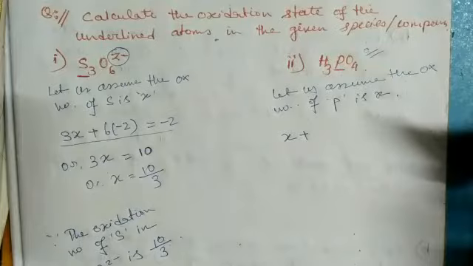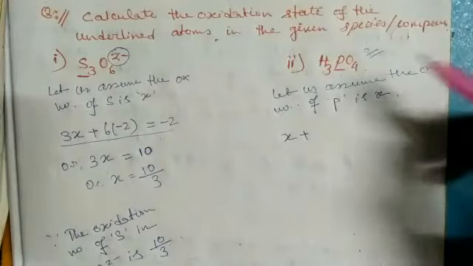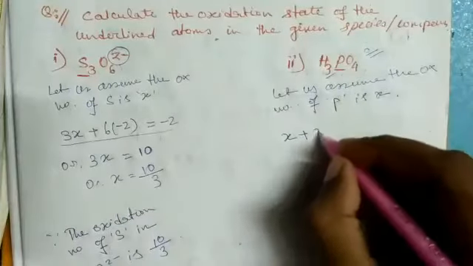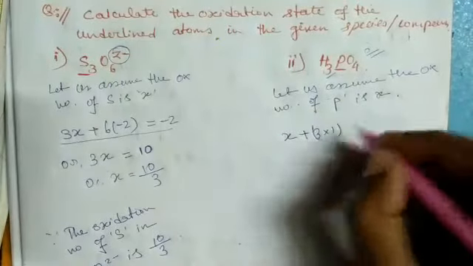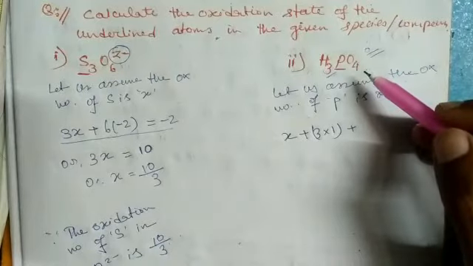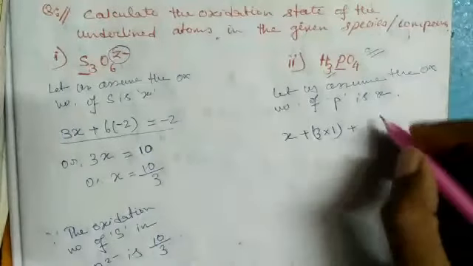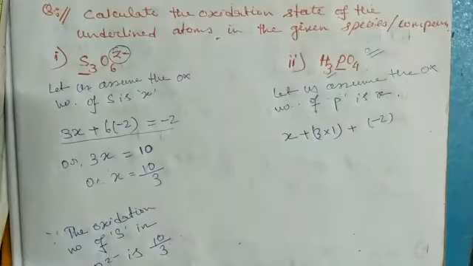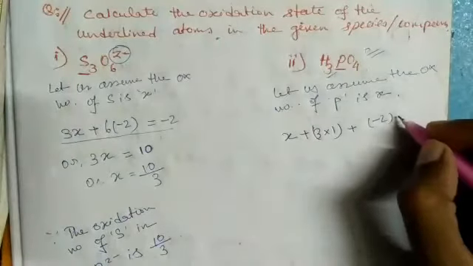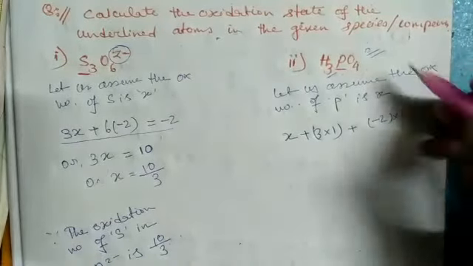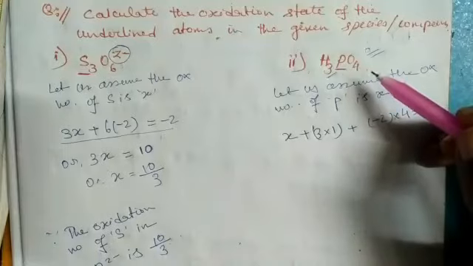Hydrogen in general has oxidation number +1, but here 3 hydrogens are present, so we have to write 3 into +1. Oxygen has the oxidation number -2. As 4 oxygens are present, we have to multiply 4 into -2, equal to 0, as this is a neutral species.